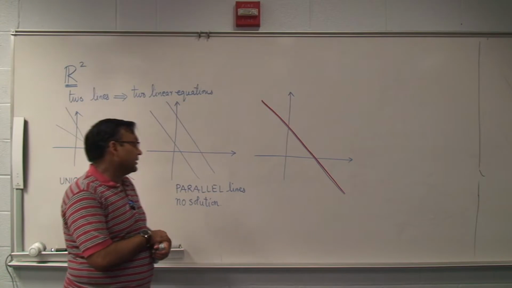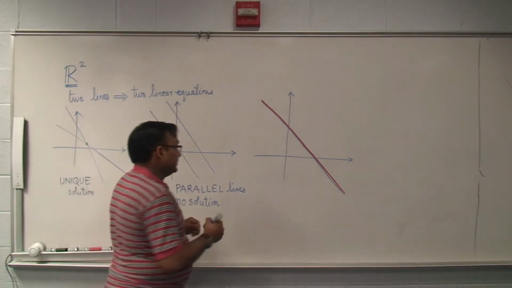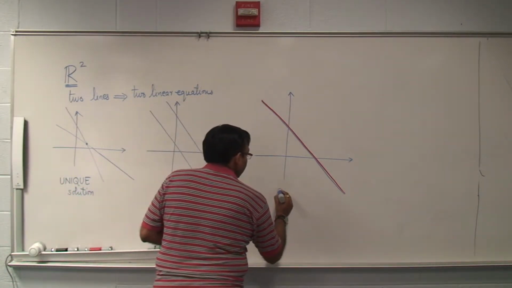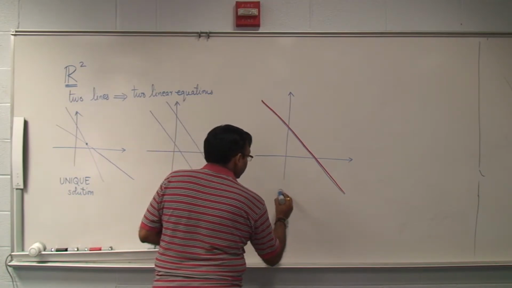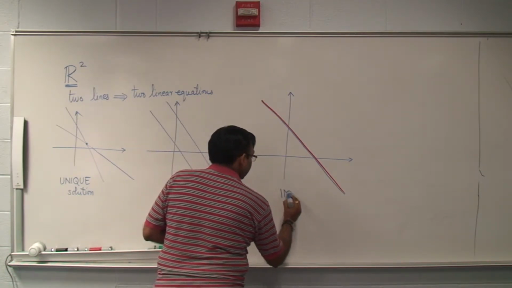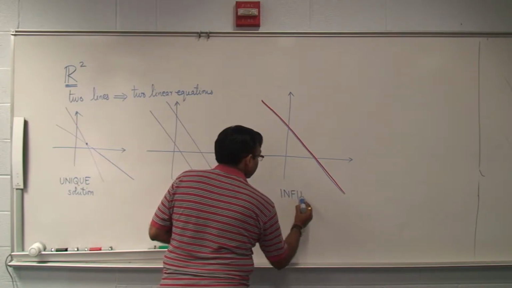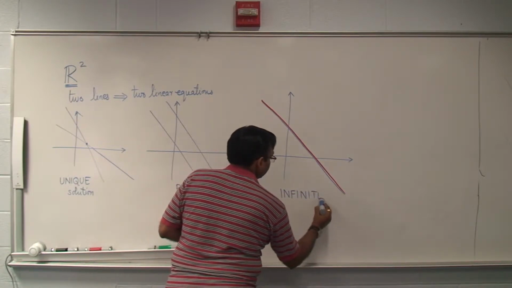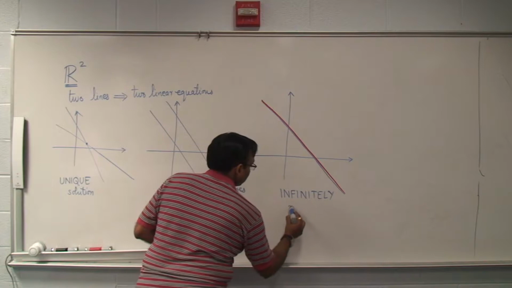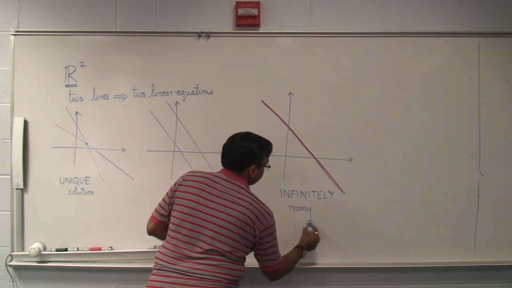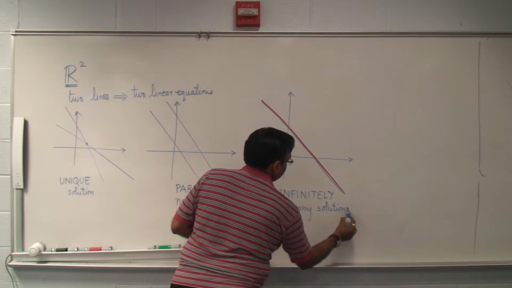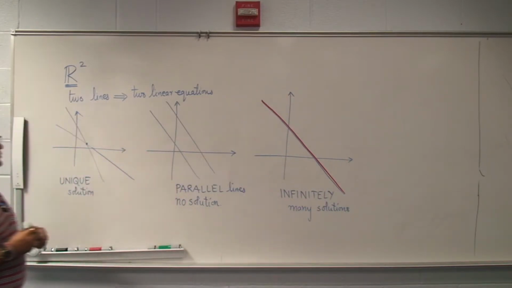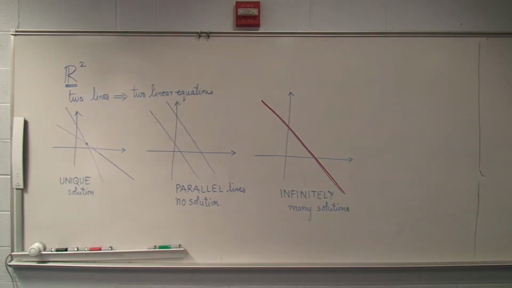Otherwise, they are representing the same geometrical object. In this case, we can see that every point which lies on the straight line is a solution. So in this case, we can say that it has infinitely many solutions. So we have seen three scenarios: a unique solution, no solution, and infinitely many solutions.